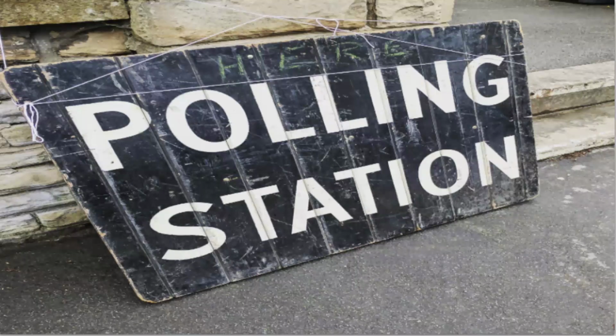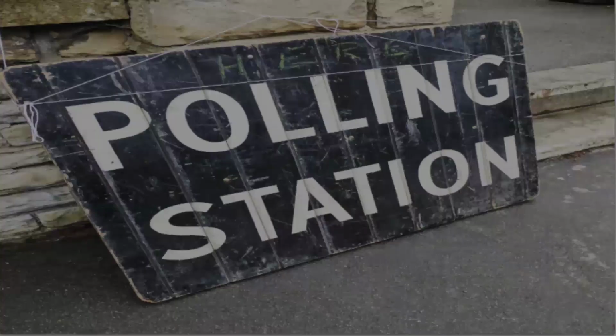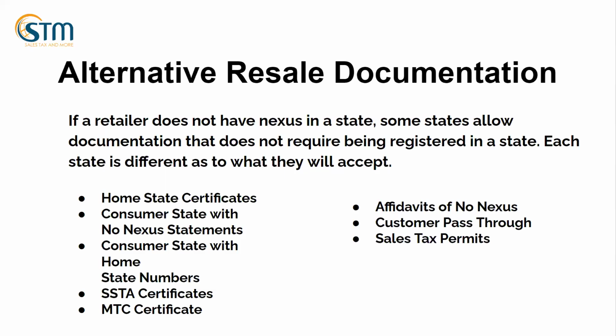All right. So I've been talking about alternative resale documentation. And if a retailer does not have nexus in a state, some states allow documentation that does not require being registered in a state. And each state is going to be different as to what they will accept as this alternative documentation. Now, it's important. A retailer can only use this if they don't have nexus in a state. So some states allow a home state certificate.